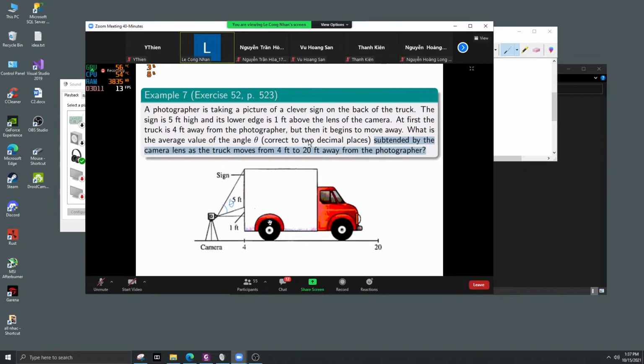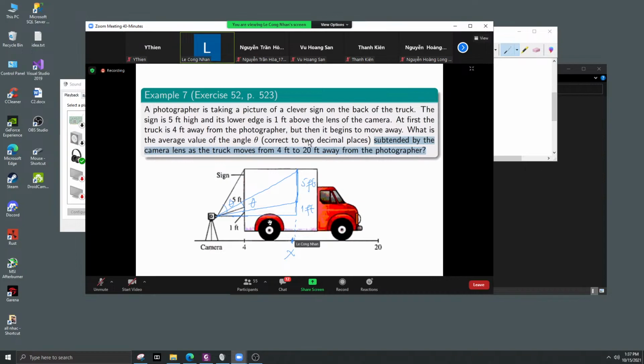Assume that the truck is at position x from 4 to 20, then we have the side. The side is 4 feet. In that case, we have the side of 5 feet, and we have the angle subtended theta. Okay, and we know the lower edge of the sign is 1 foot above the camera lens.